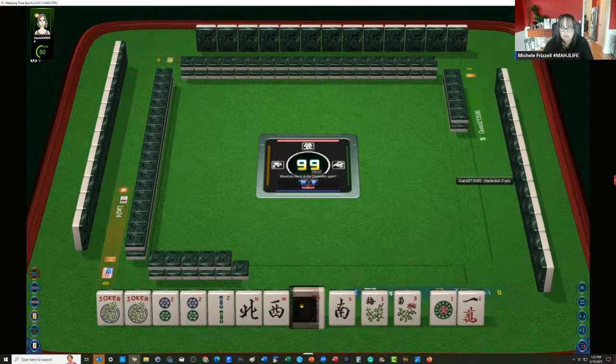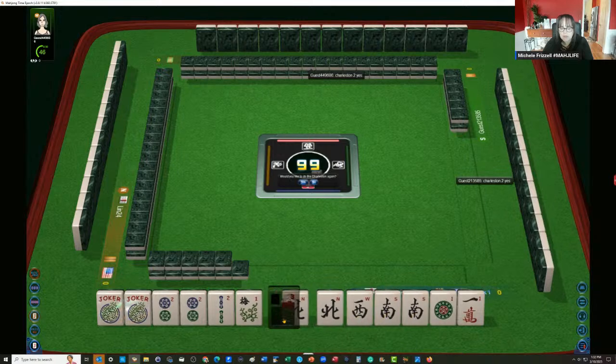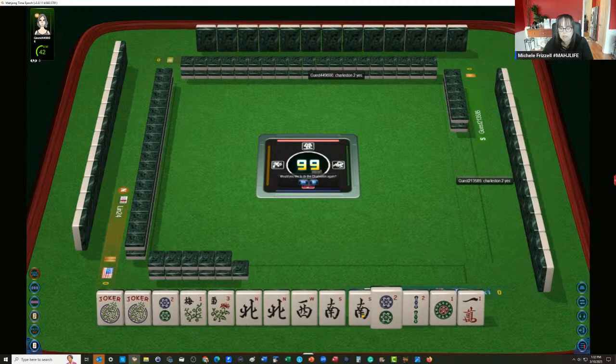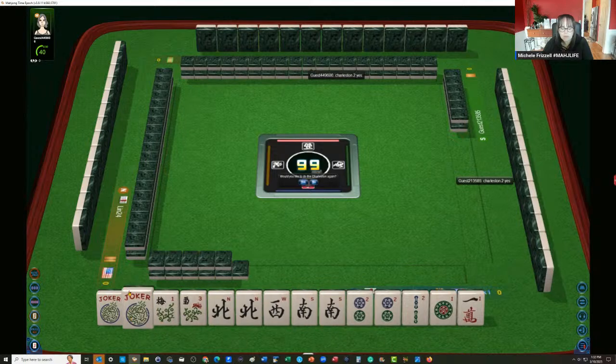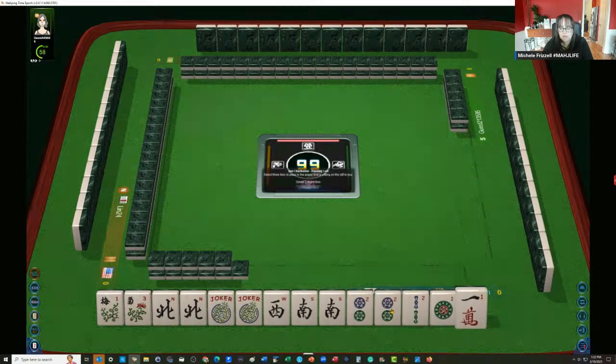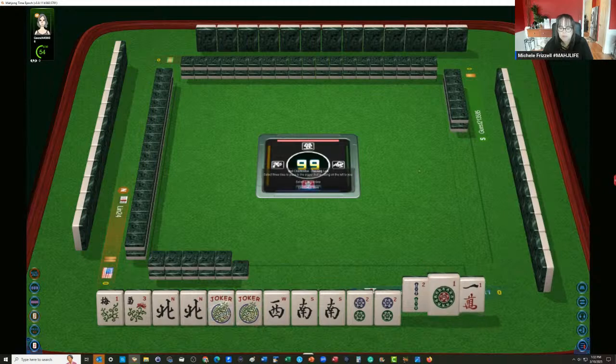Okay, so this is where it's going to get a little tricky, because we've got like numbers here. If we play all winds, we could use the jokers for the missing east, but we'd have to pass like numbers here. Okay, let's do it. I don't like doing this, but I don't want to stop the Charleston either.